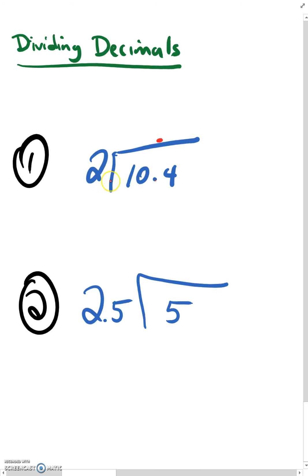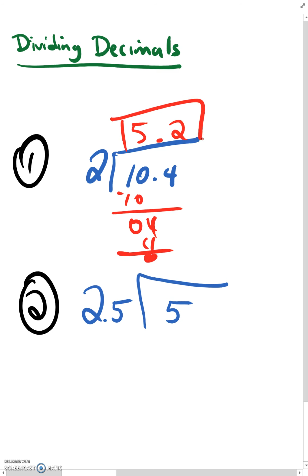Well, normally that would be 5. 5 times 2 is 10. 10 minus 10 is 0, and we would bring down the 4. Then you would ask yourselves, how many 2's go into 4? And easy, that would be 2. 2 times 2 is 4. And that gives you a grand total of 0. So your answer in this case would be 5.2.